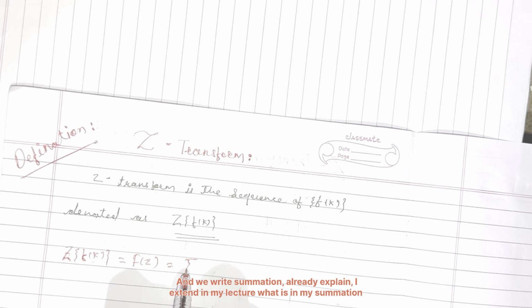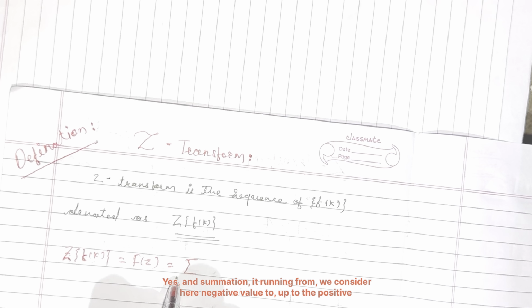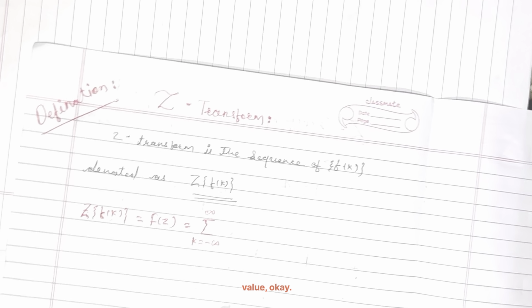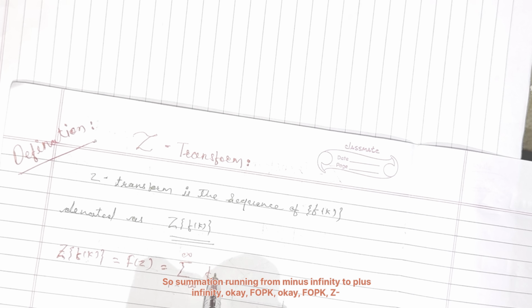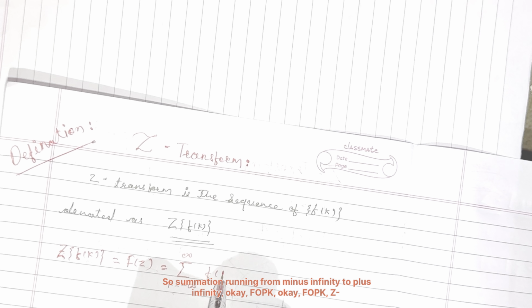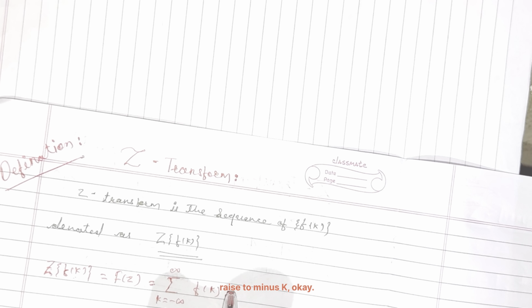I explained in my lecture what is meant by a summation series. The summation runs from negative values to positive values, from minus infinity to plus infinity, of f of k z raised to minus k.